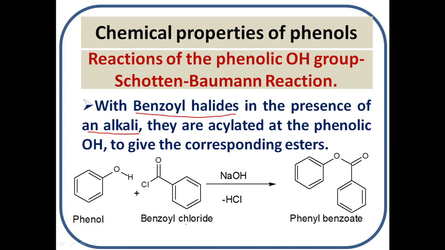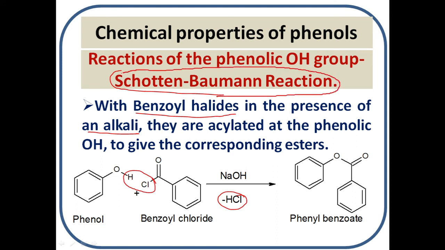Here we are taking benzoyl chloride, and with benzoyl chloride in alkaline medium, the reaction takes place in this way with the liberation of HCl, and therefore we are getting an ester, that is phenyl benzoate. This reaction is a special reaction and it is named as Schotten-Baumann reaction.